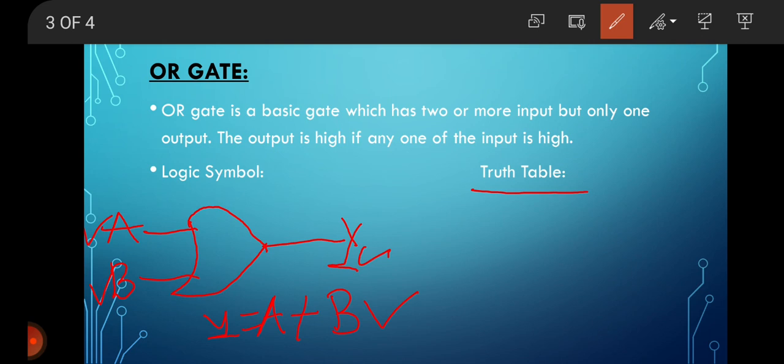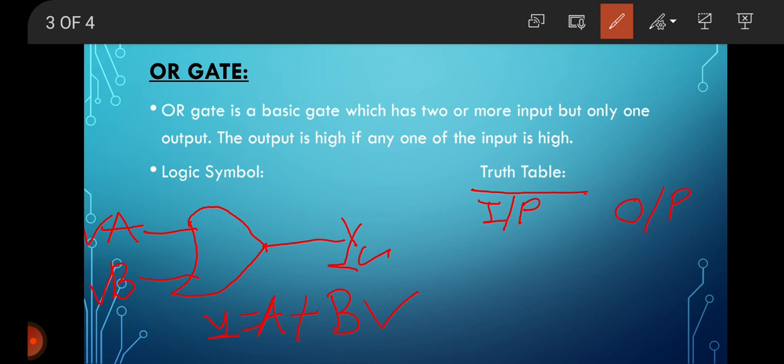The operation of a logic gate can be best understood with the help of a table called a truth table. The truth table consists of all possible combinations of the inputs and the corresponding state of the output of a logic gate. So we write the inputs here and the output here.